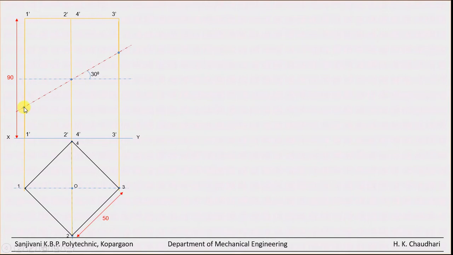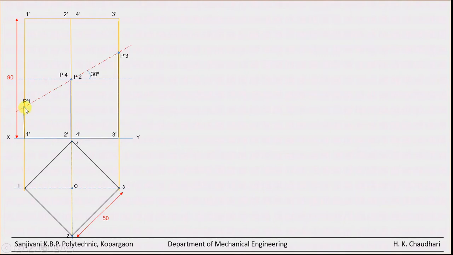Now these points where this cutting plane intersect the edges, this edge number 1, 2, 3 and 4. These are the points. We can name the points as P-1, P-2, P-3 and P-4. Clear?